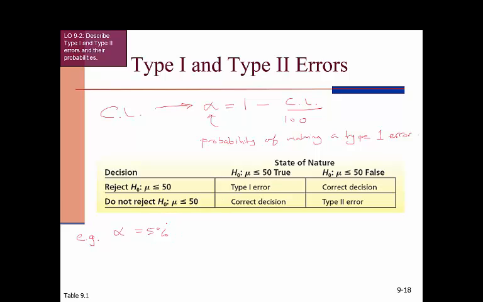So you're taking a 5% risk of being wrong. There's also a type 2 error, and we won't go too much into detail about it, but the type 2 error is when you fail to reject the null hypothesis when in fact the null hypothesis was false.